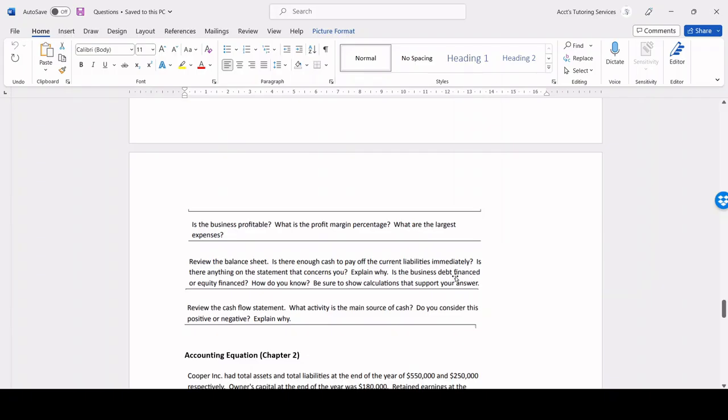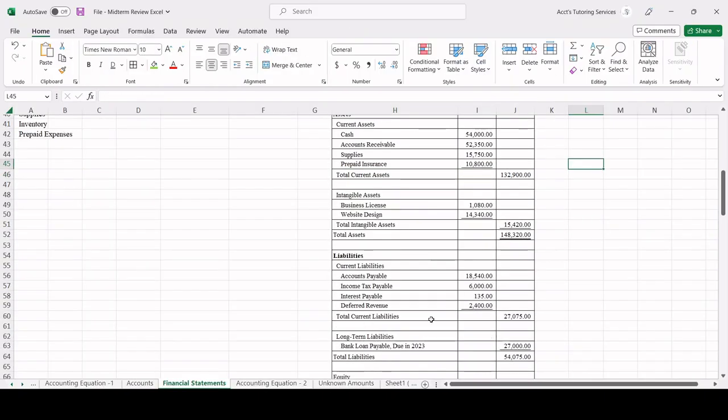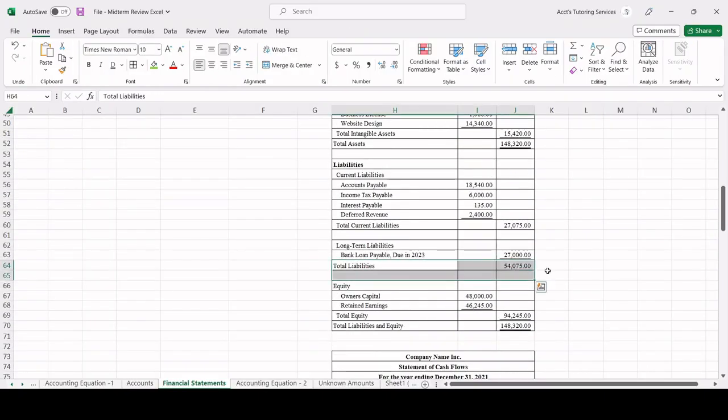Is the business debt financed or equity financed? How do you know? Be sure to show calculations that support your answers. Our total liabilities is 54,075. That's debt finance, right? Whereas our total equity is 94,425.